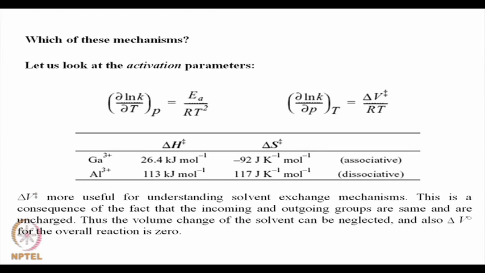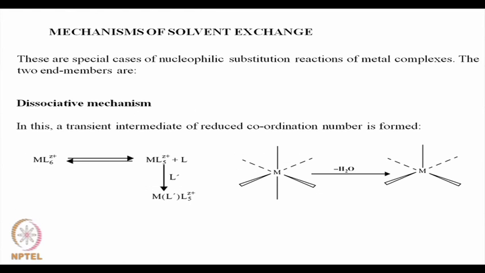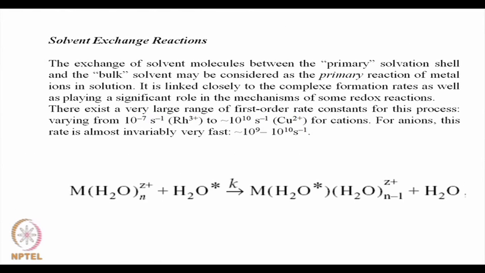So, I guess today I will have to stop over here, and I will elaborate this delta V activation in the next lecture. But before that, let us sum up. We have talked about solvent exchange reaction, and it is the exchange of molecules in the primary solvation cell with the bulk solvent.